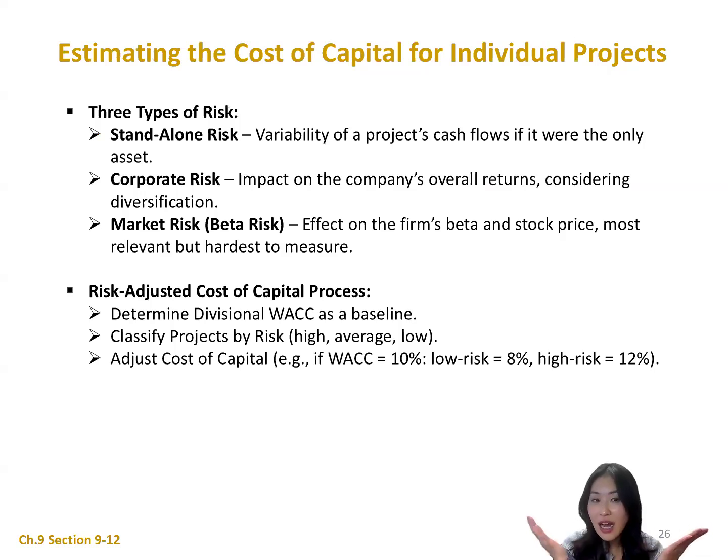And a high risk project is given a 12% hurdle rate. So the riskier project must clear a higher hurdle rate to compensate for uncertainty. Setting the risk-adjusted cost of capital is subjective, but it ensures better decision-making than using just a single WACC for the whole project.